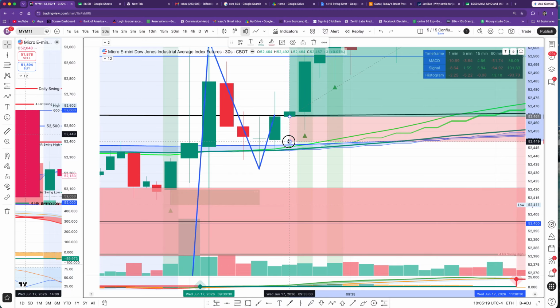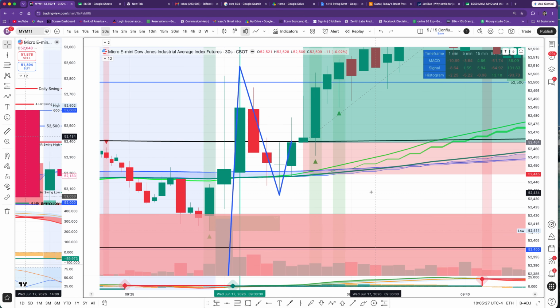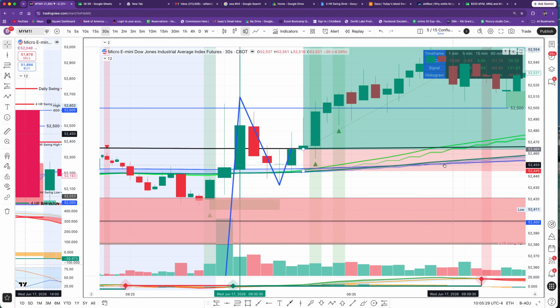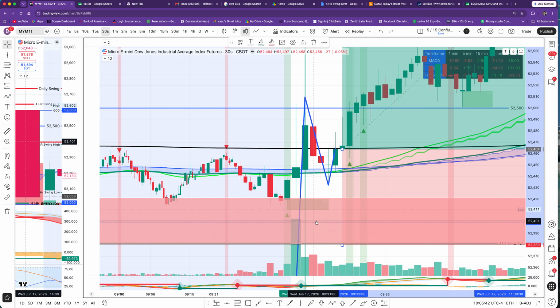That's our cue to get in. Now, because it's the first 5 minutes, I'm going to give it more room. I'm still going to keep about an 83 point stop. So that puts the stop down here, right around the bottom of this trading range.